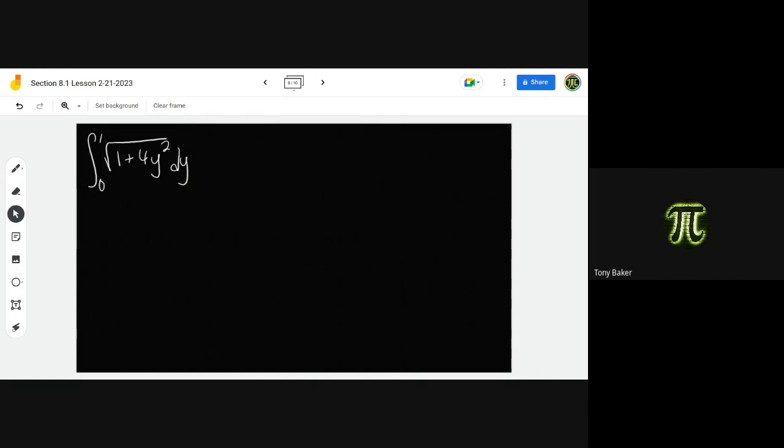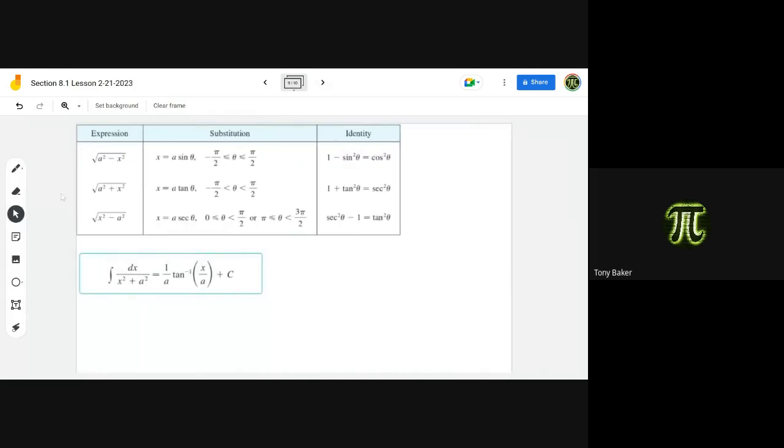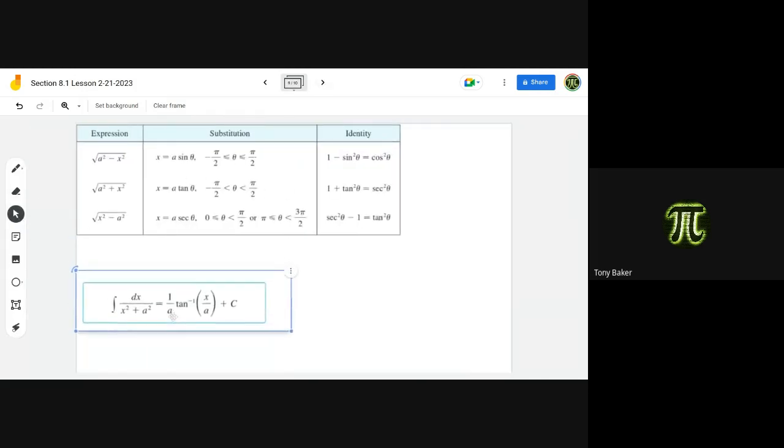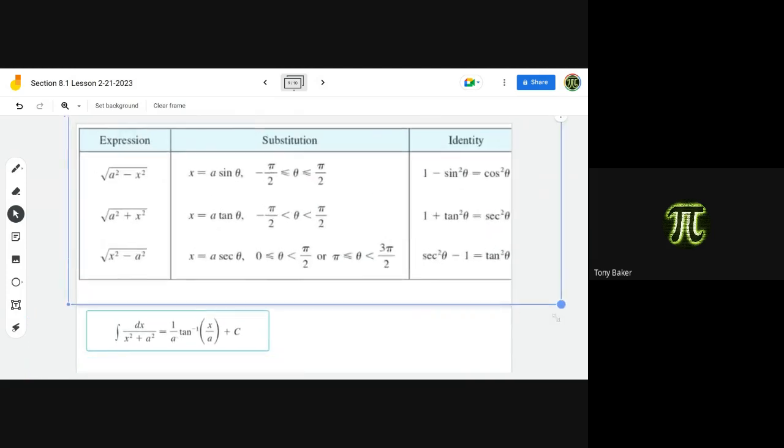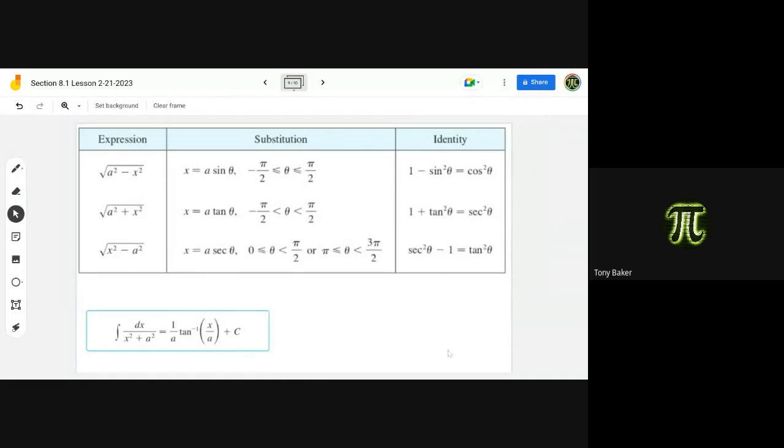So what's the process that we use when we have square roots with things inside of them that I can't do anything with? I have to use trig substitution. So let's remind ourselves what trig substitution is. That everybody's like, chapter 7's over, I can forget about this.